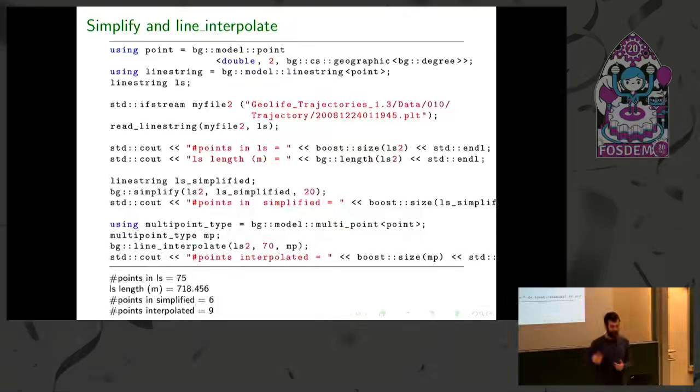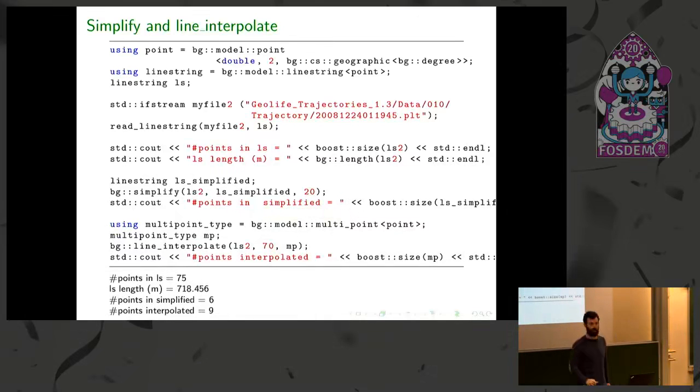Okay, again some code. I load my trajectory, and then I compute how many points I have. This trajectory has 75 points. This is the length. And then I can call the simplify algorithm with 20 here.